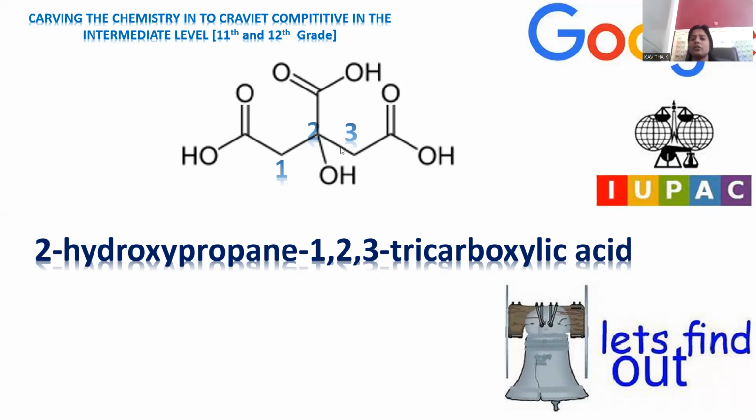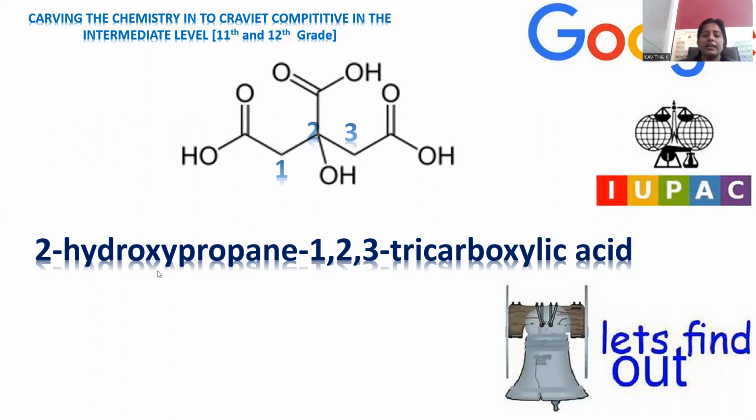And the parent chain is of three carbons length, so propane will be taken as the suffix over here. On the second carbon you can find hydroxy, so let me put 2-hydroxy, and three carbons, so propane. Where you can find a tricarboxylic acid, on the first carbon, the second carbon there is a carboxylic acid, and the third carbon is also accompanied by a carboxylic acid.